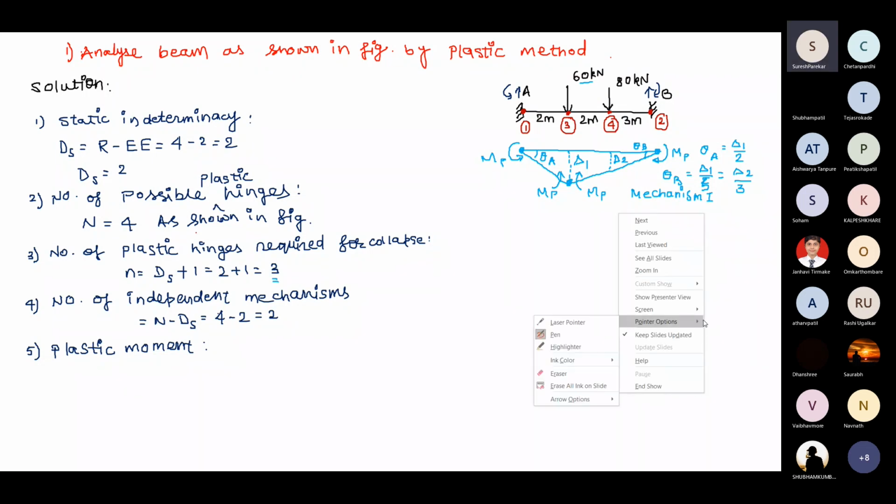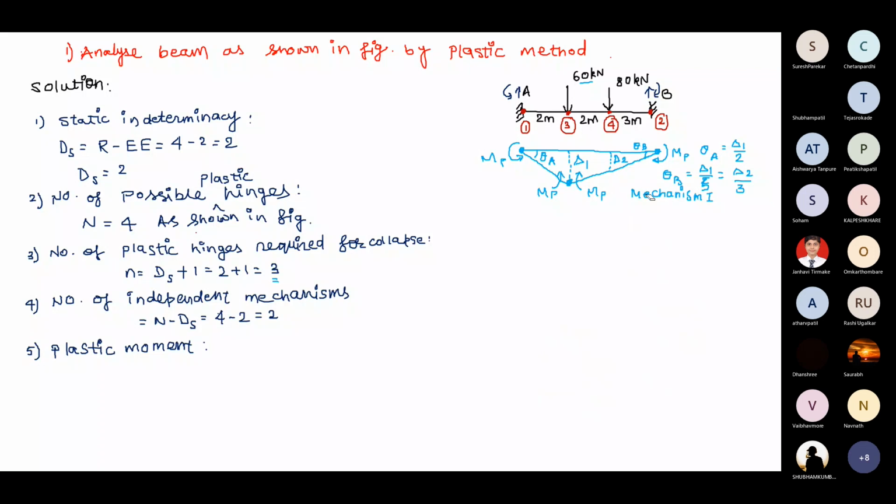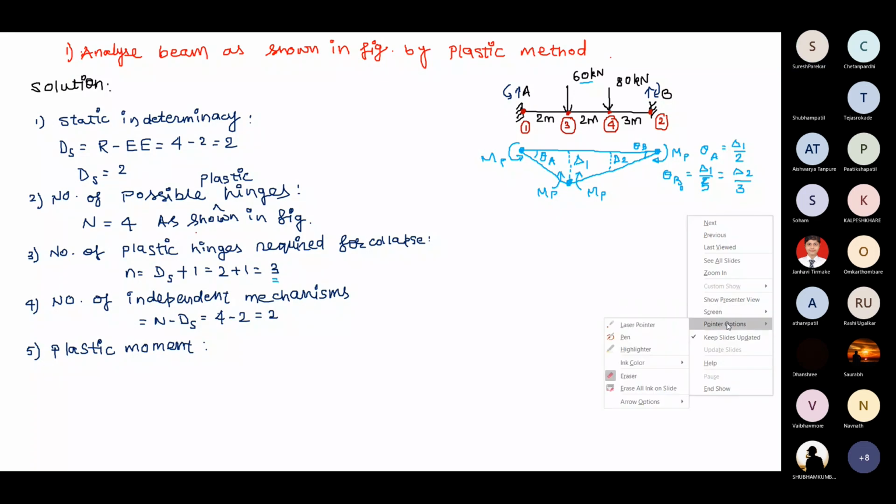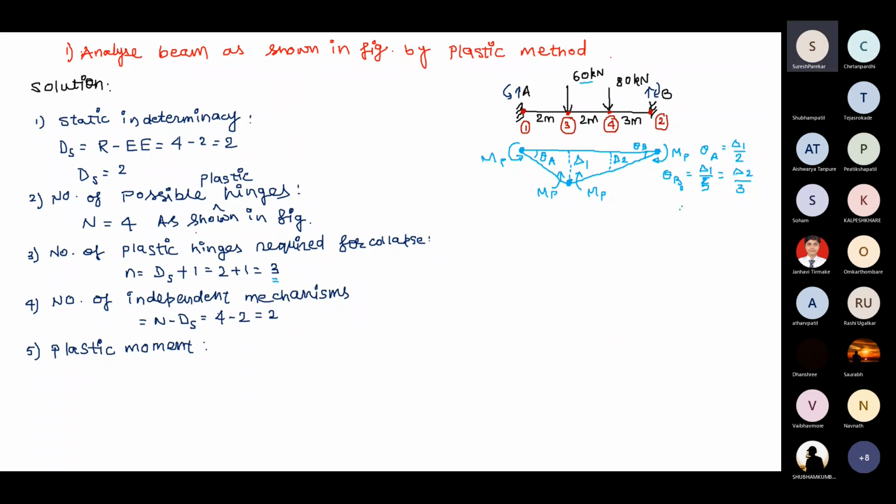And here we have to go for a relationship between delta 1 and delta 2, because we should have everything in one delta only, and therefore delta 2 is equal to 3 by 5 into delta 1.